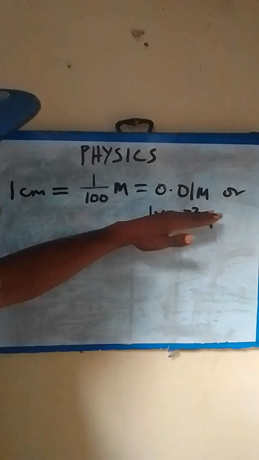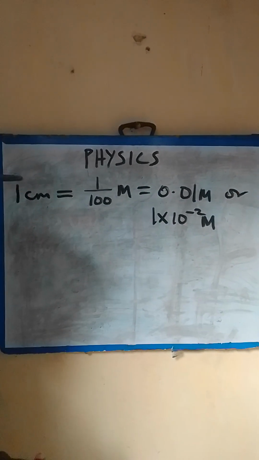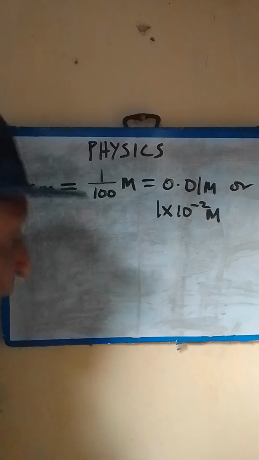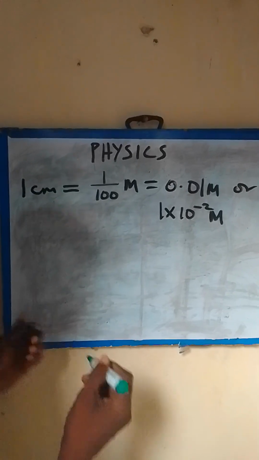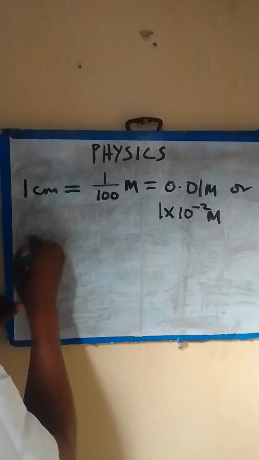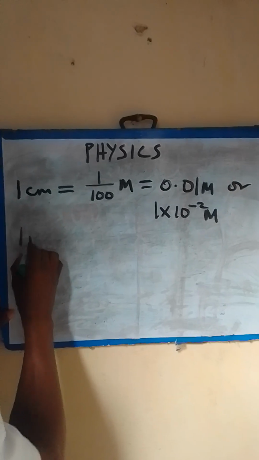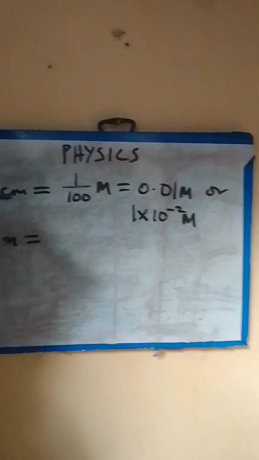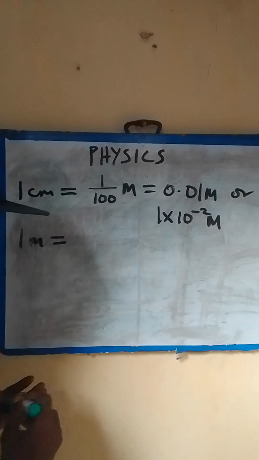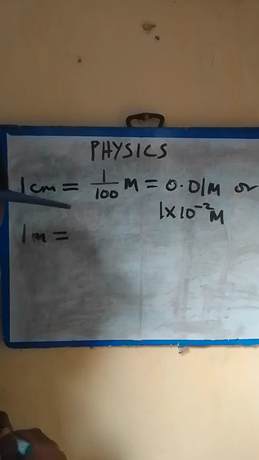So this is what we are going to have. Also, to convert meters to centimeters, we multiply the meters by 100.